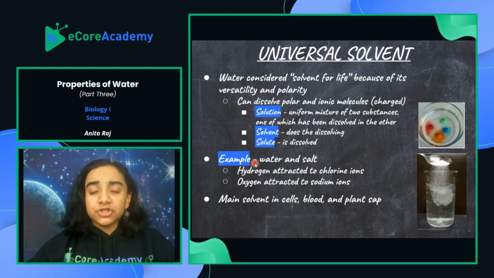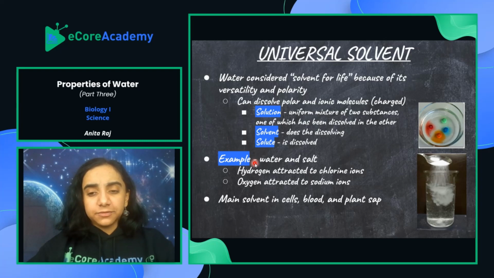Like we said, the hydrogen of a water molecule is partially positive, and the oxygen of a water molecule is partially negative. In salt, the sodium is positive because it lost an electron, so it has more protons than electrons. And the chlorine is negative because it gained an electron, so it has more electrons than protons.